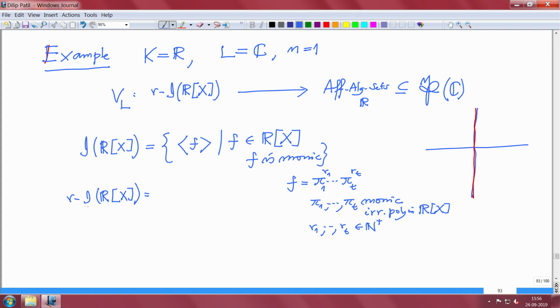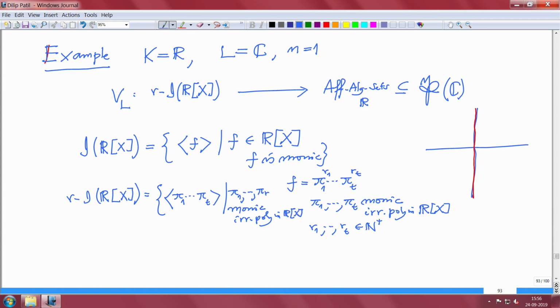So, what is the radical ideal corresponding to this? You just have to forget these powers. So, this is precisely the ideal generated by the product of the different primes. These are also called square free polynomials, where p_1 to p_t are monic irreducible polynomials in R[x].